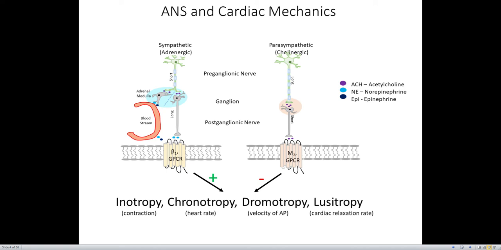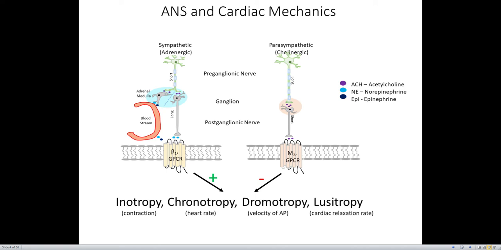So when we say something has a positive inotropic effect, it means that it's increasing contraction. If we say it has a negative inotropic effect, that means it's decreasing contraction. If we say something has a positive chronotropic effect, that means it's increasing heart rate, or the rate at which an action potential is generated.